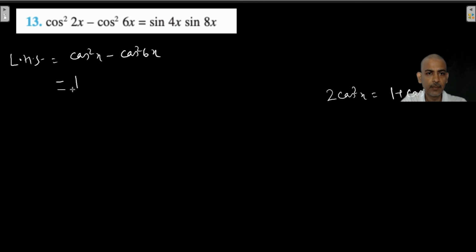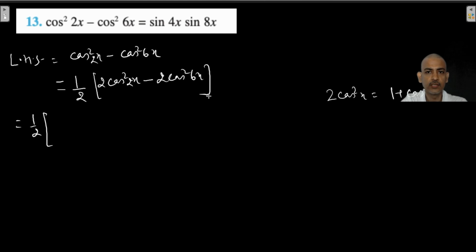So again we multiply it by 2 and divide it by 2. It will not matter because the 2 will cancel out. So 2 cos square 2x minus 2 cos square 6x, right? This equals 1 by 2 into, now 2 cos square 2x becomes what? It will become 1 plus cos 4x, right? Why?